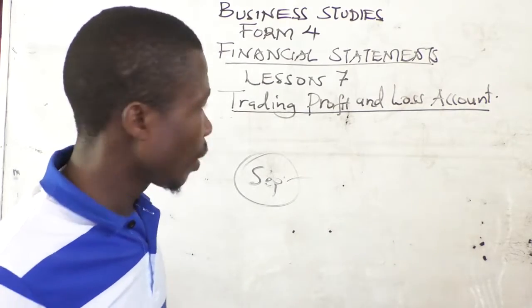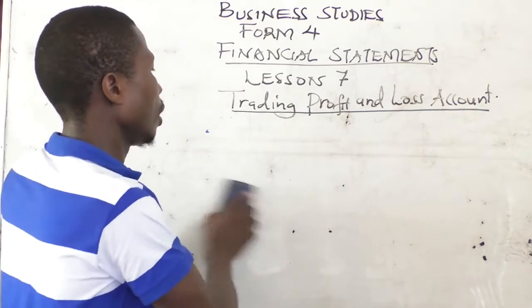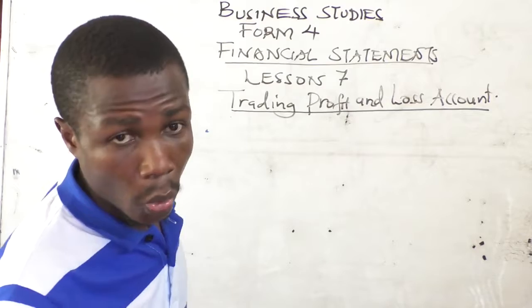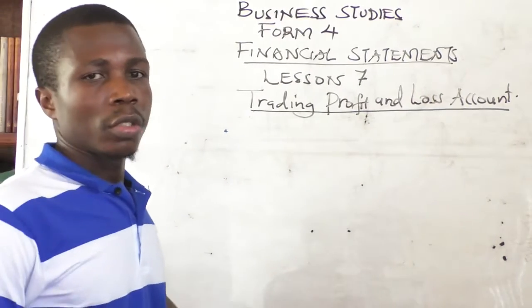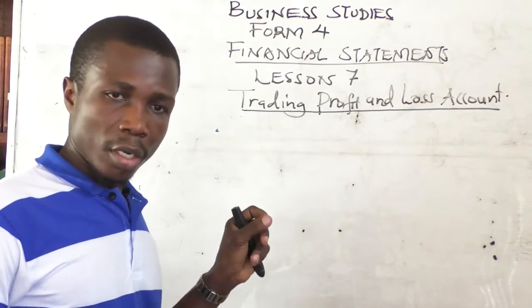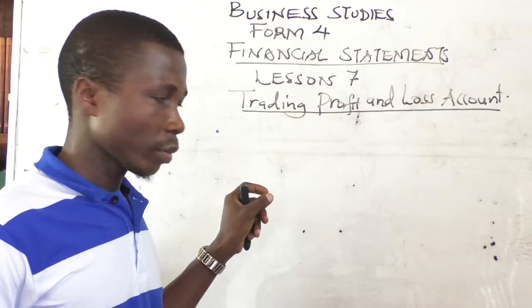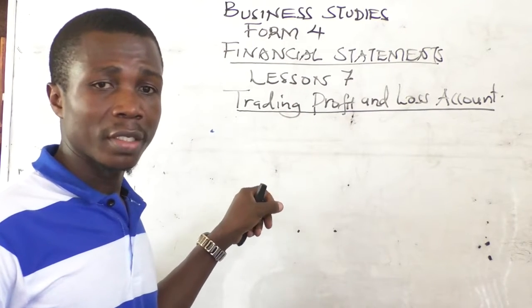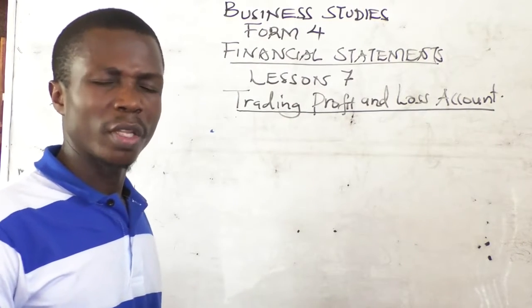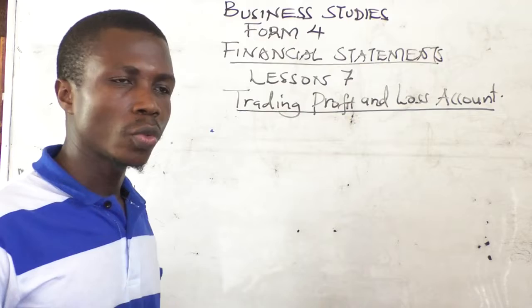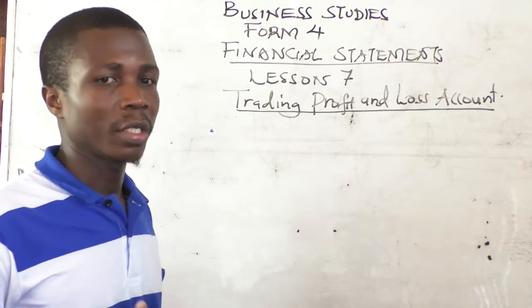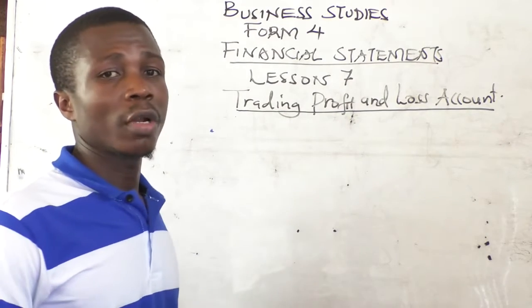Like the government, they always do it yearly. So that is what is known as accounting period. It is the duration you have set to calculate the financial position of the business.